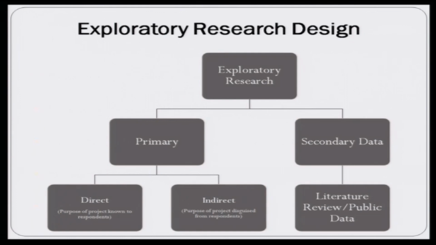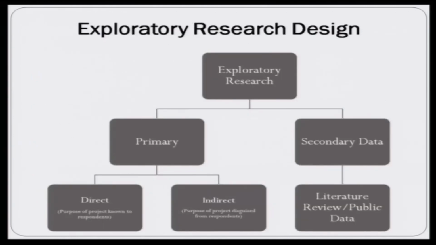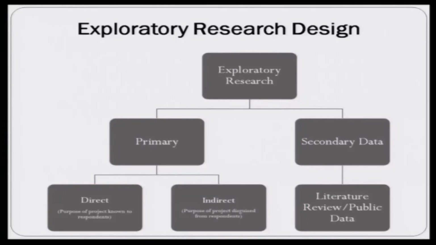In exploratory research involving primary data collection, you have two types of techniques based on whether the purpose of the data collection is known to the respondent or not. That can be divided into the direct exploratory research design and the indirect exploratory research design.